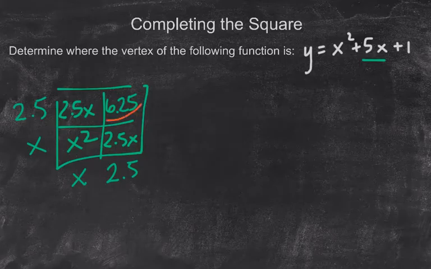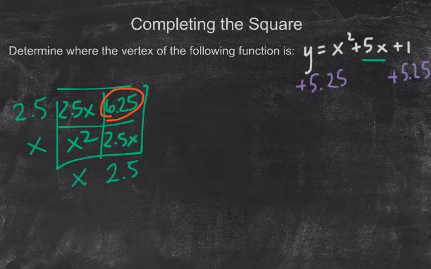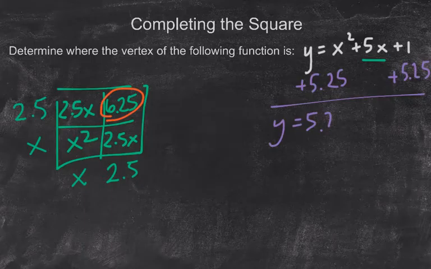So I need that many unit tiles along with the x squared and the 5x on the right side of my equation. So I need to add 5.25 more unit tiles to get that perfect square. And so I'm going to do that.